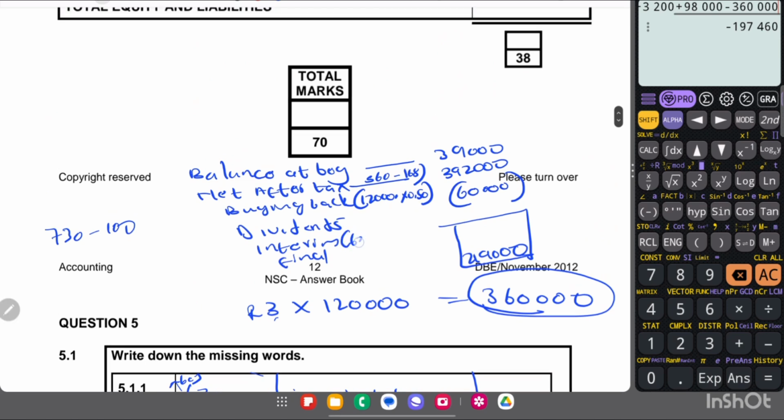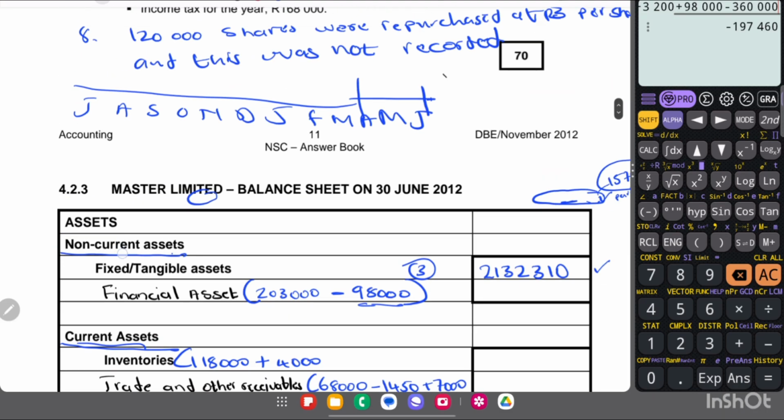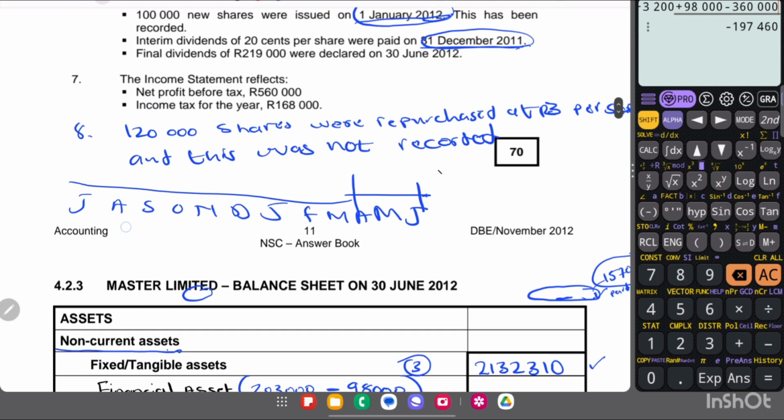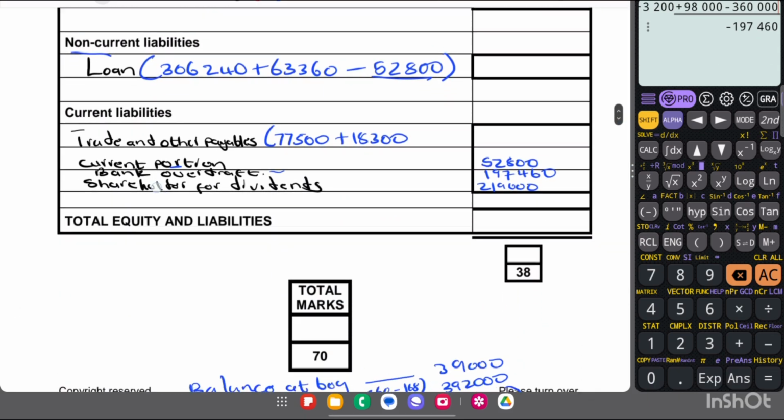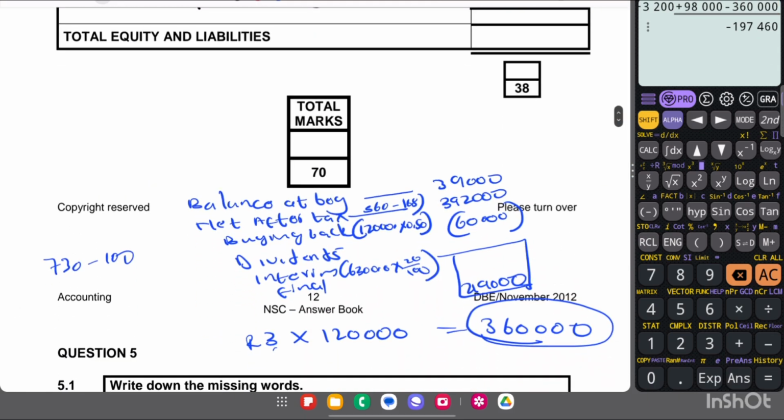You open a bracket now, it's gonna be 680 multiplied by 20 all over 100, because we were given that the interim dividends is 20 cents per what? Per share. And remember, by the time we're paying the interim dividends, we had 630,000 shares. Then I'm getting 126, and then when you add 126 plus 219, I'm getting 345,000.